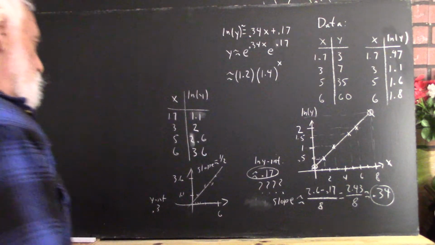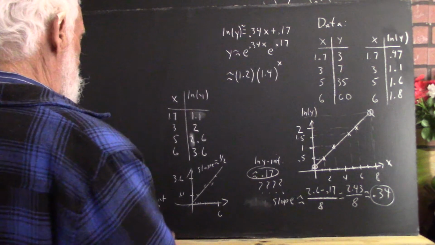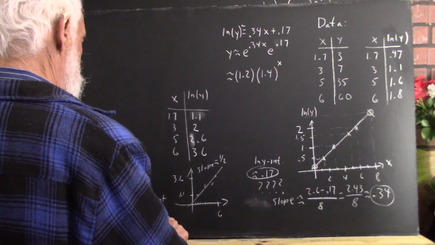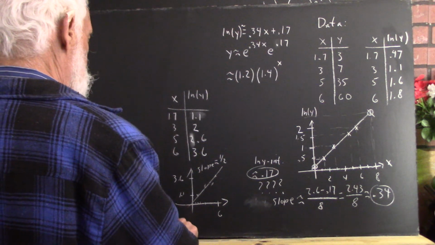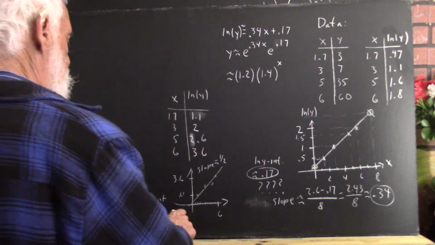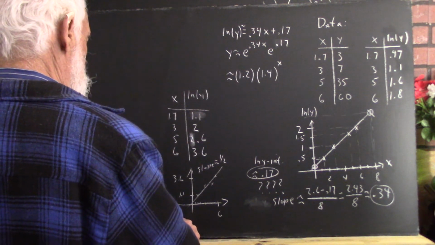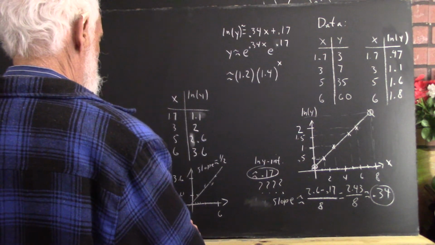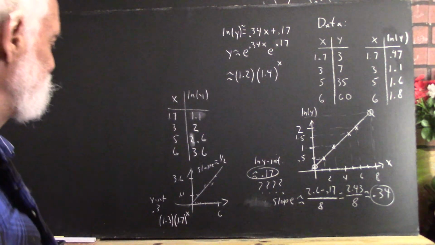And that would give you a model of about 1.3 times e to the 0.5, which is about 1.7 to the x.